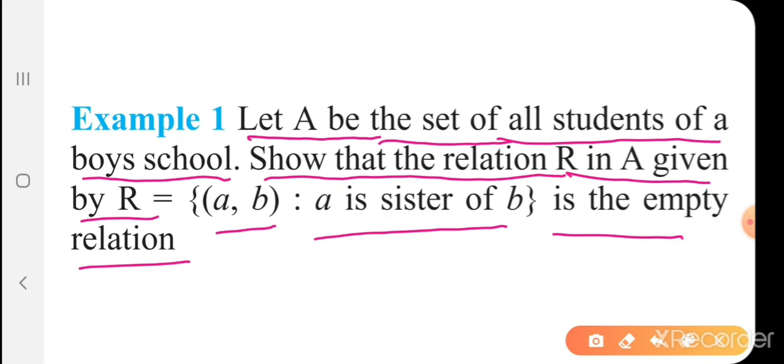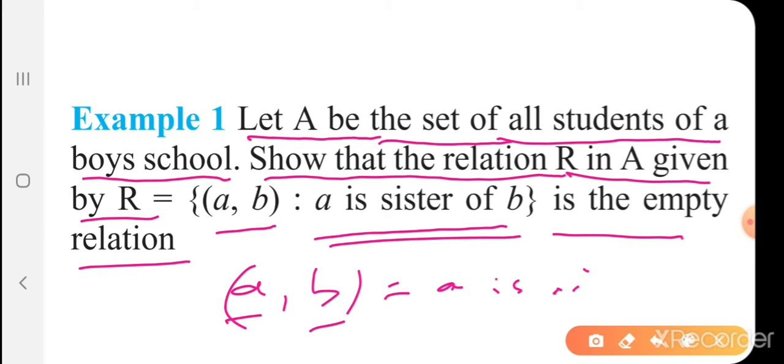Here you see R is an empty relation, where in the ordered pair (a, b), a is the sister of b.